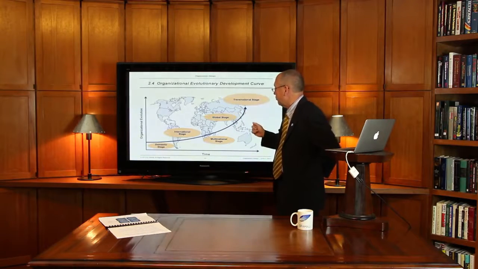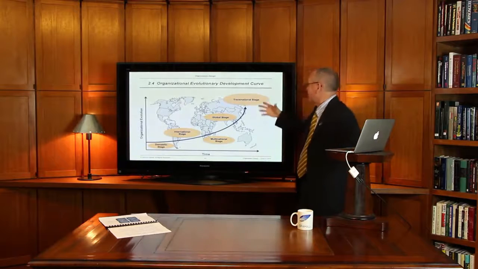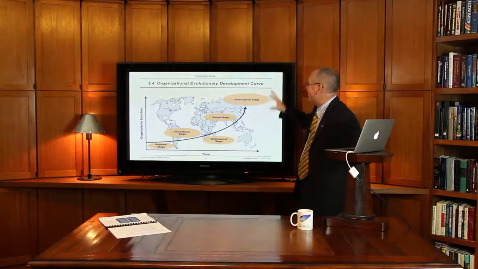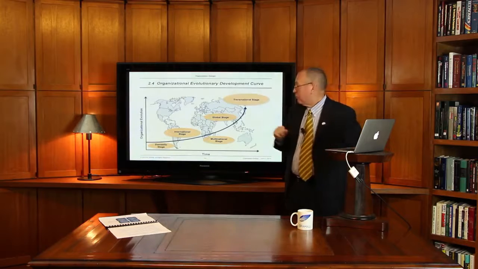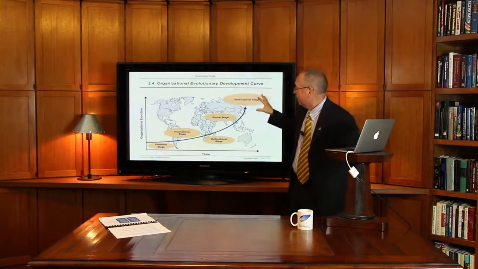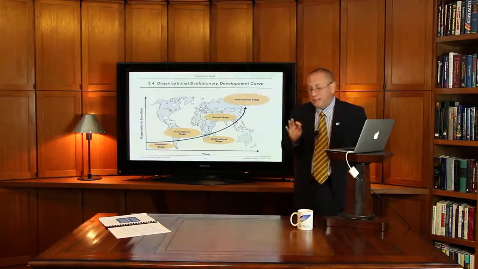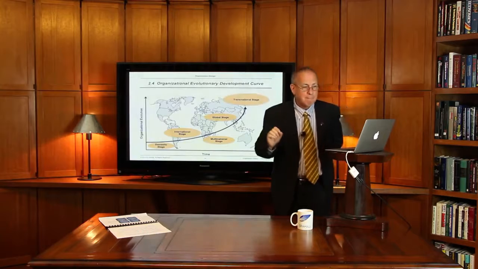They may then move to a global stage. And we tend to, this is our opinion, view transnational organizations as sort of being at the high end of the evolutionary development curve. So there's a lot more we can talk about here in terms of what your organization structure looks like and how you operate if you're at any one of these 5 different stages.